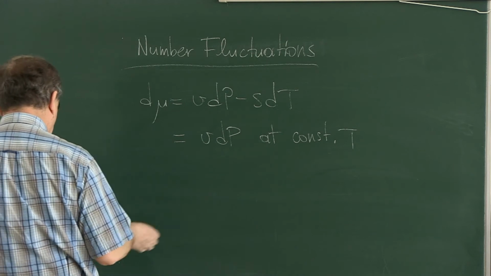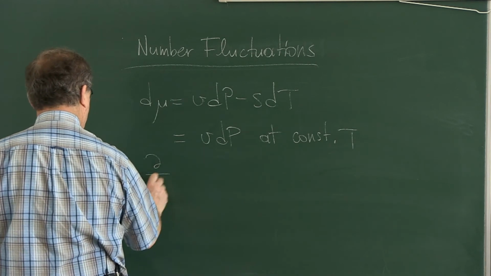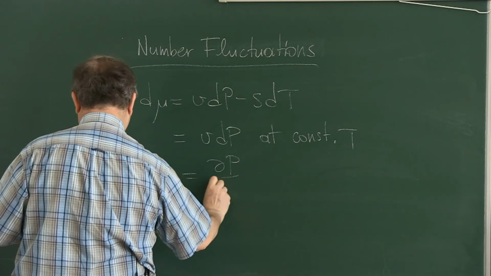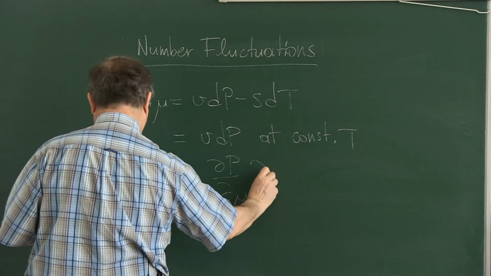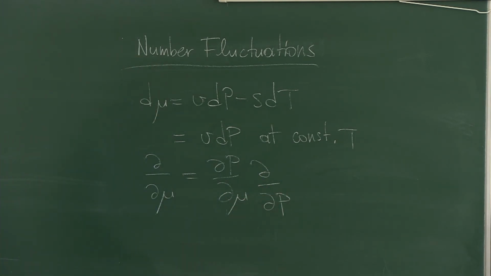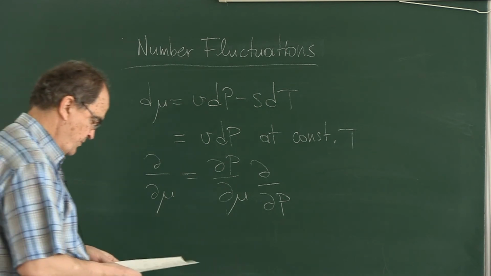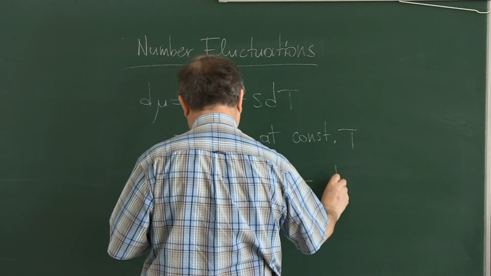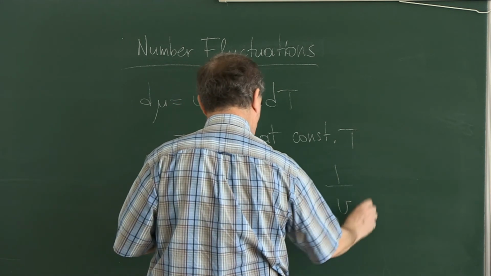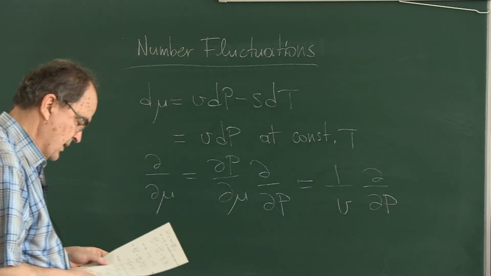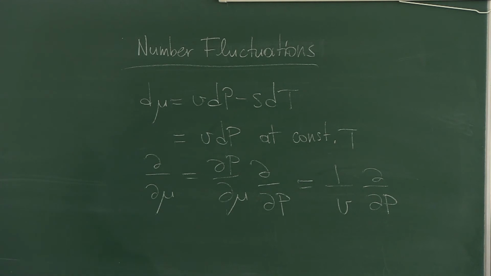So this means the derivative with respect to mu can be related to the derivative with respect to pressure in this form. And of course, this derivative is 1 over small v derivative with respect to p. That will give us the response function we are looking for.